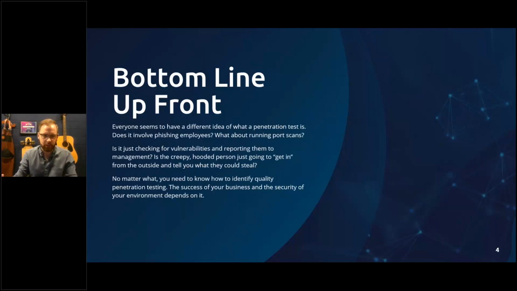It's something that everybody needs, whether you're pursuing a compliance effort, whether you're just trying to get a better idea of what your environment looks like, whether you had an unfortunate incident like a ransomware infection or a business email compromise and you don't want that to happen again. If you search penetration testing, whether that's penetration testing cost, penetration testing time needed, you will get all kinds of answers from search results. I would like to cut through all of that and give you the truth, or at least the truth as I see it.